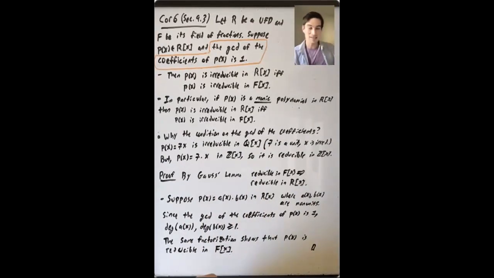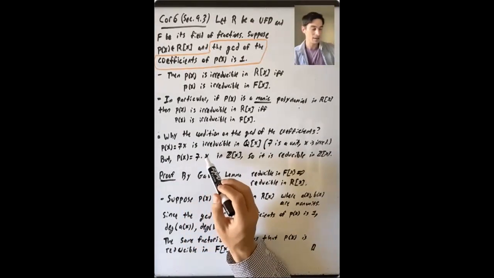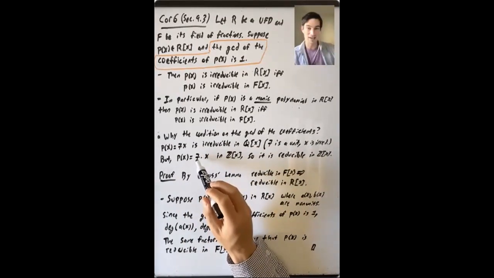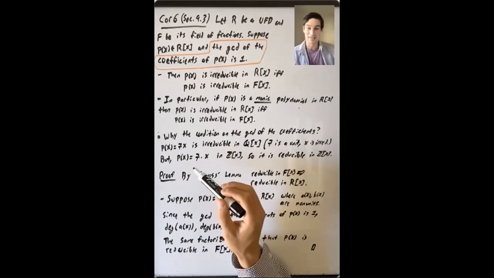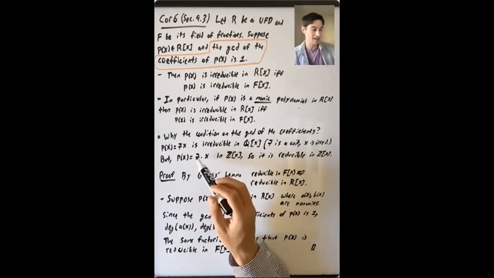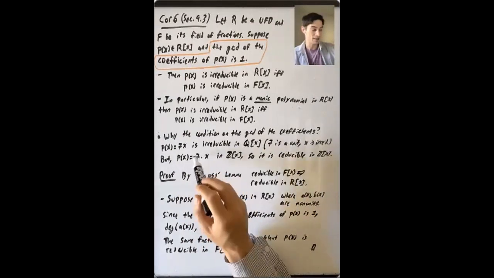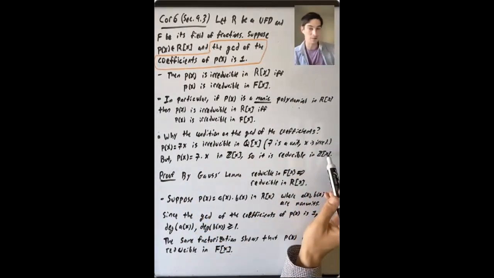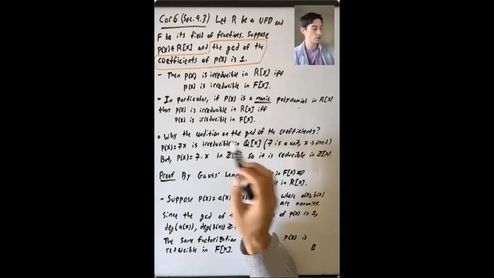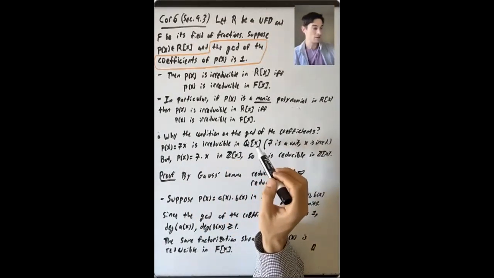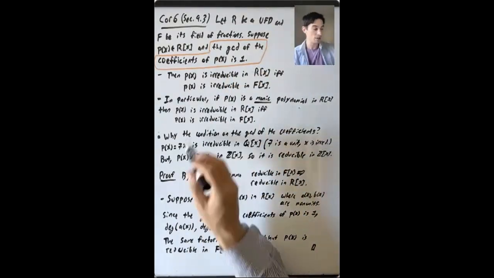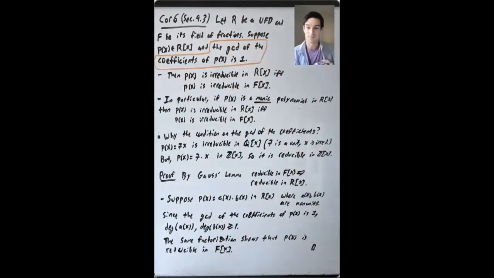But in Z[X], you can write it as 7 times X, and these are both non-zero, non-unit elements in Z[X]. 7 is a non-unit element in Z. The difference is that 7 is a unit in Q, but it's not a unit in Z. So this polynomial is reducible in Z[X], but it's irreducible in Q[X]. So this condition of having the GCD of the coefficients being 1 makes sure that this doesn't happen.